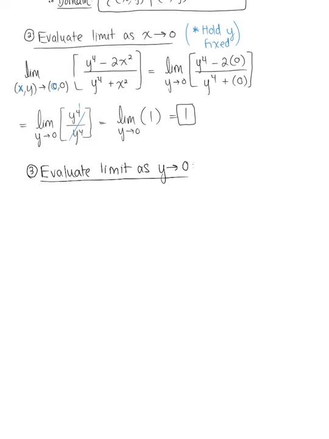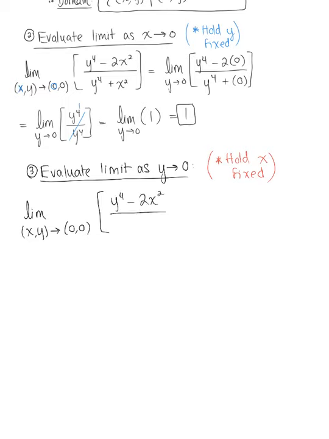Again, we make a note to ourselves that we are going to hold x fixed. We're only concerned with evaluating the limit as y approaches 0. So we have the limit as (x, y) approaches the origin of y to the fourth minus 2x squared, all divided by y to the fourth plus x squared, and we're only concerned with the limit as y approaches 0.